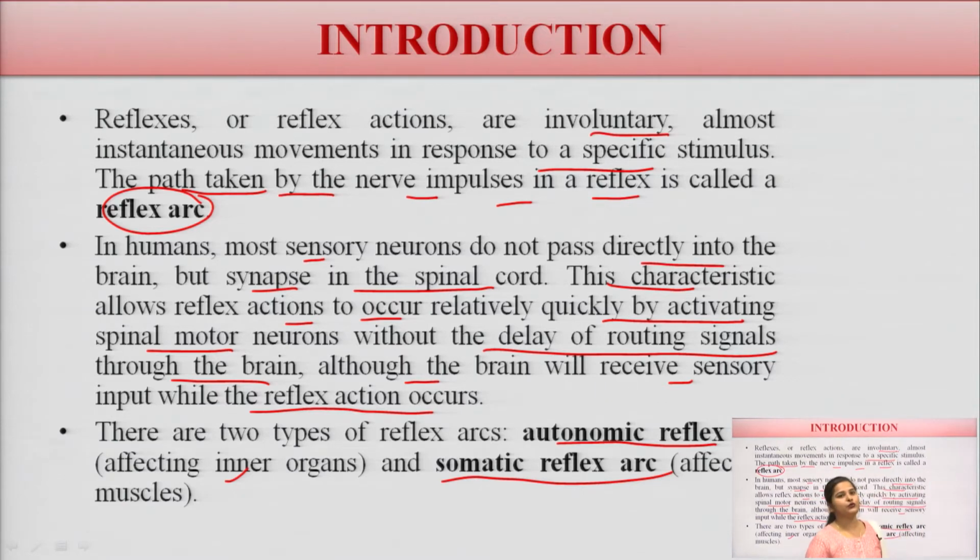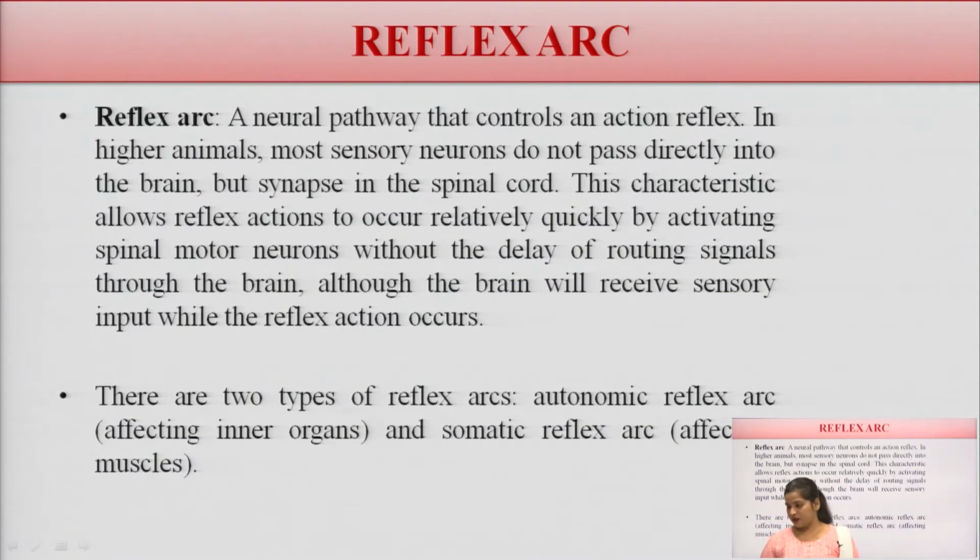So a reflex arc is a neural pathway that controls an action. In higher animals, most sensory neurons do not pass directly into the brain, and there is a synapse.